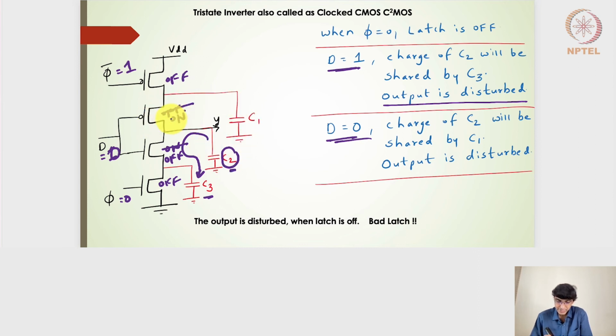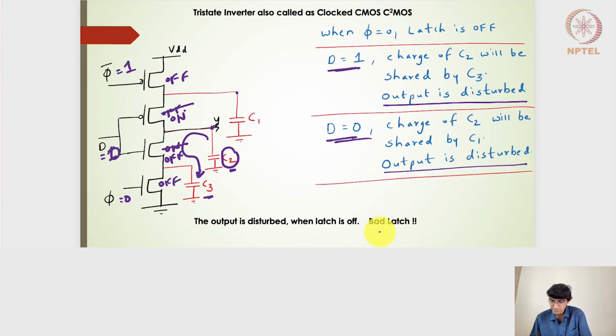If C2 was at VDD level, then it is going to charge C1, or if it was at 0 voltage level and C1 had some amount of voltage across it, then C1 is going to share its charge with C2, and thereby the output node voltage is likely to change. So the charge of C2 is going to be shared by C1, and that's why the output is disturbed.